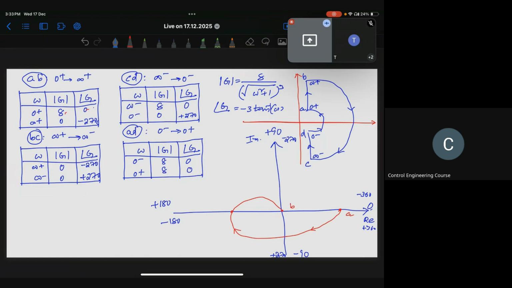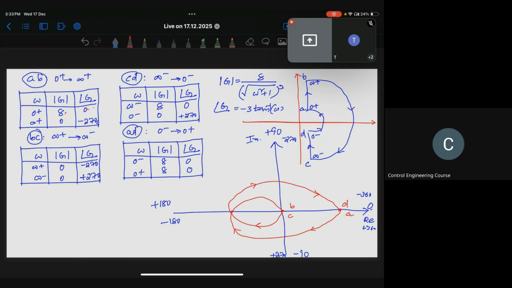Next is BC. BC starts at 0, 0 and ends at plus 270. Third one, you start at C, infinity minus, it starts at plus 270 and ends at 0. So it goes like this. This is another point.